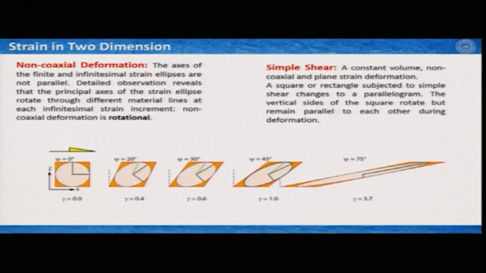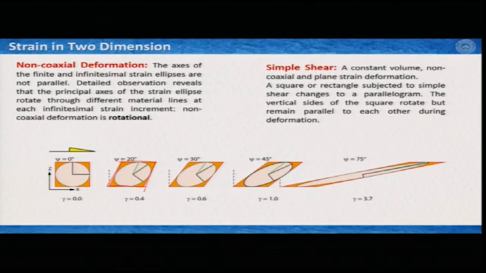It is also known as simple shear deformation because it requires a constant volume, a non-coaxial deformation, and a plane strain deformation. So, what we see here in this illustration is a square or rectangle subjected to simple shear changing to a parallelogram. As you can see here, this is the square and it changes its shape to a parallelogram.